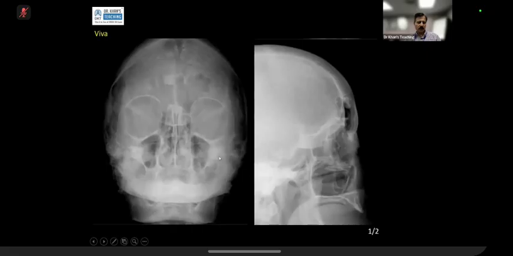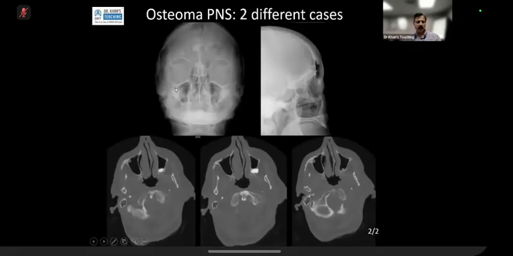Okay, let me give you this last case because this was, I think, the last case of PNS. What is this? Candidate 2. Frontal sinus osteoma. Excellent. So this is ivory osteoma, which can happen and which is usually high density, usually of no significance. But beware of this in Gardner's syndrome.